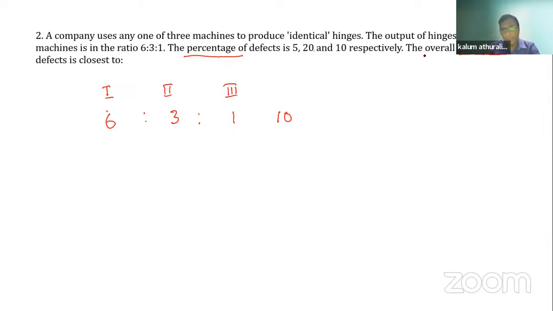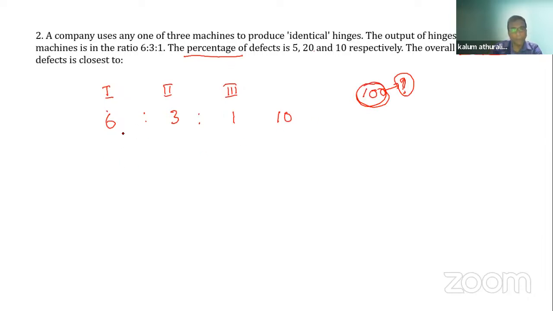We want to find the overall percentage of defects, the defective percentage of the overall product. That means if we produce 100 units, how many are defective? That's the answer.